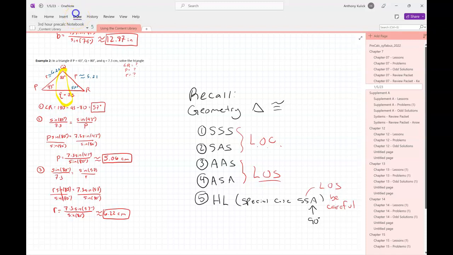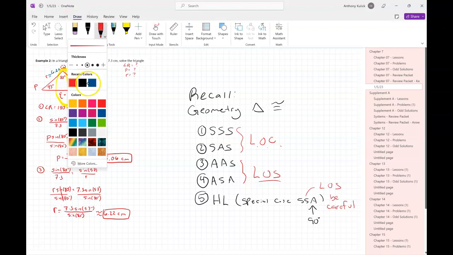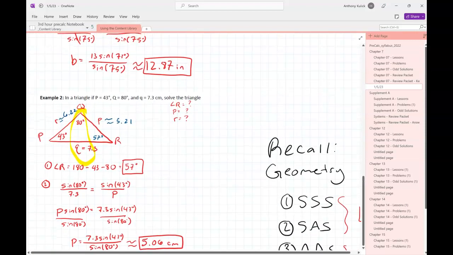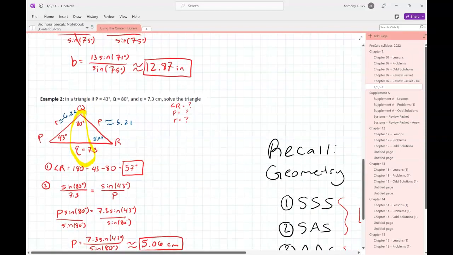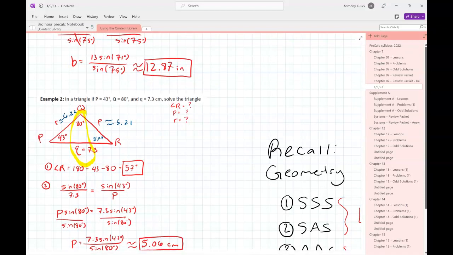So just to point out to you guys, let's go back and look at these triangles that we drew and just observe which one of these situations they are. So if I look at this first triangle, I was given an angle, and then the side was not in between the two angles, right? The side that I was given is not part of both angles, right?